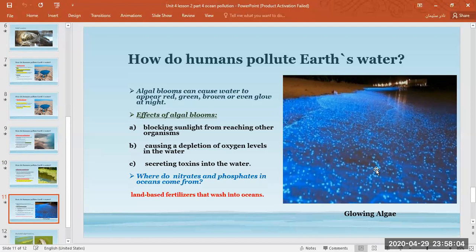Why? What do they do when there is a lot of algae growing on the surface of the ocean? This will block sunlight from reaching other organisms that need sunlight for photosynthesis, because there is a lot of algae growing on the surface. It also causes a depletion of oxygen level in the water, like a barrier for oxygen.